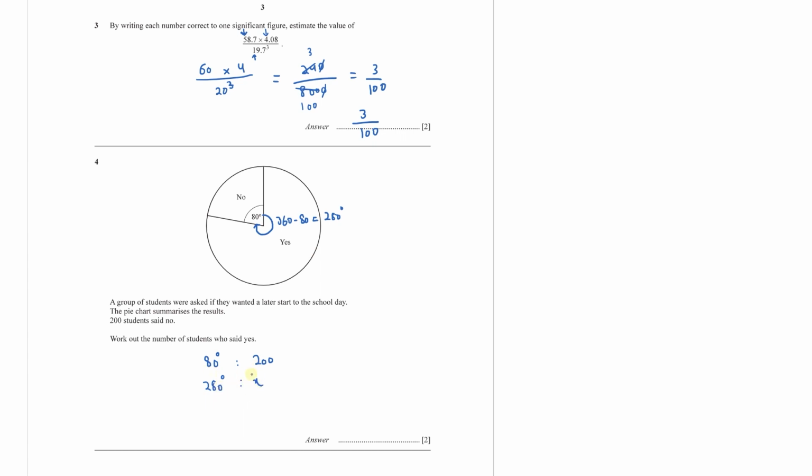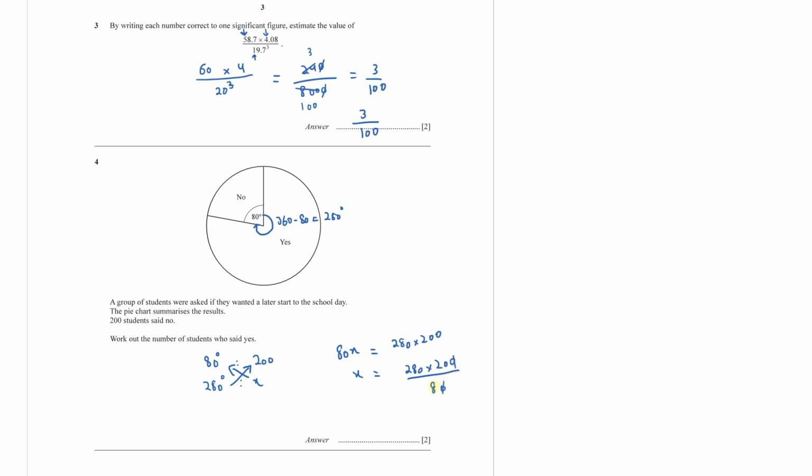Now we cross multiply since these are directly proportional. As you increase the degree, the number of students should increase in the pie chart as well. So 80 times x equals 280 times 200, and then x would be equal to 280 times 200 divided by 80.